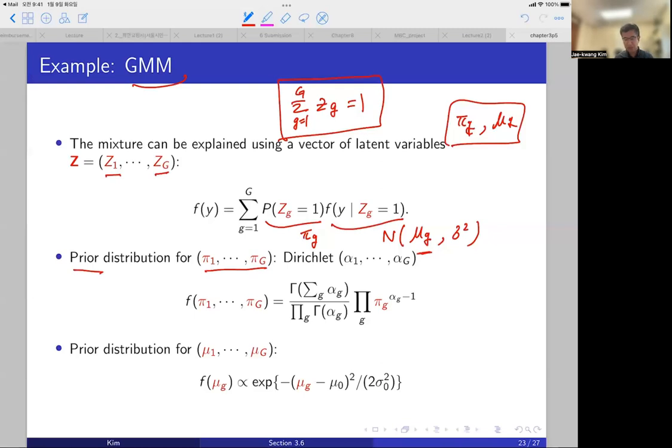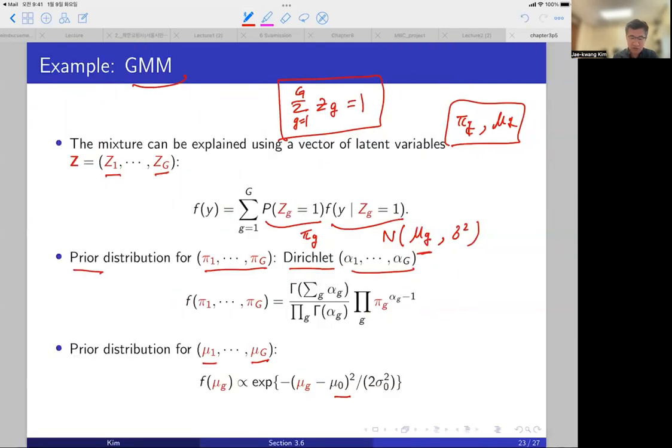The multivariate extension of the beta distribution is the Dirichlet distribution. So this is the Dirichlet density function, which can serve as a prior distribution for pi 1 to pi g. And then for the mean part, we just assume normal, right?